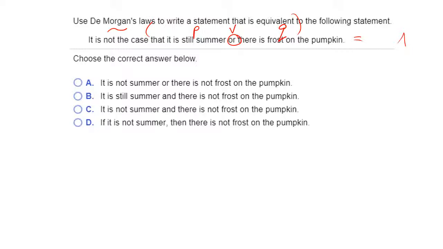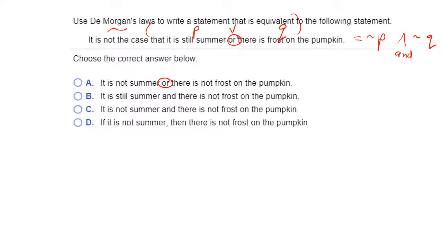That will be written as not P, which would be not summer, and not Q, which would mean not frost on the pumpkin. So the first thing I'm going to do to make this a little bit quicker problem is look for an and, because if I start with an or and I'm converting that with DeMorgan's Law, then I have to have an and.